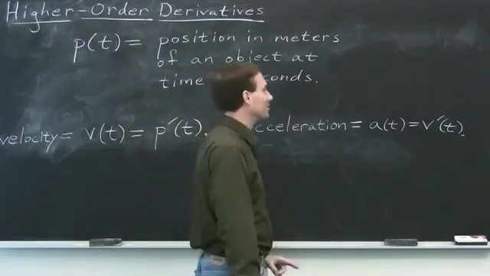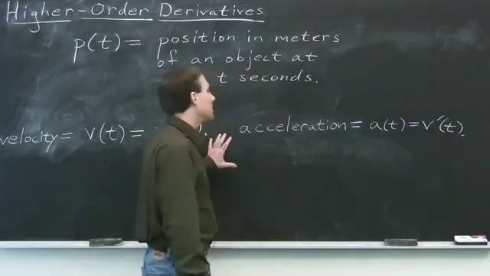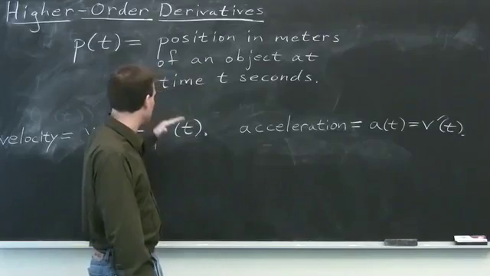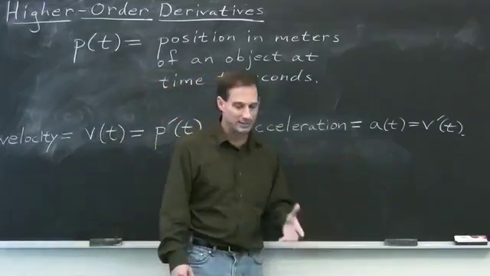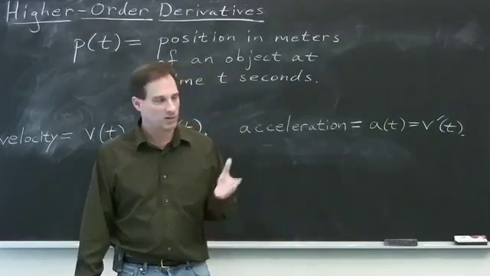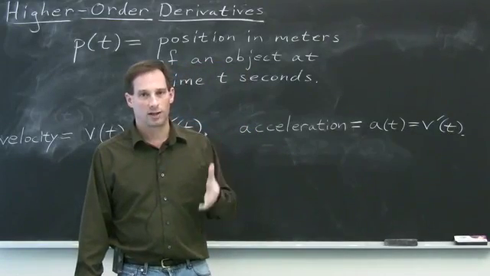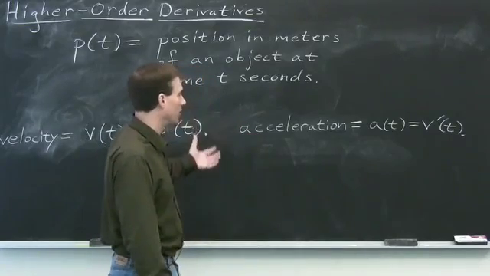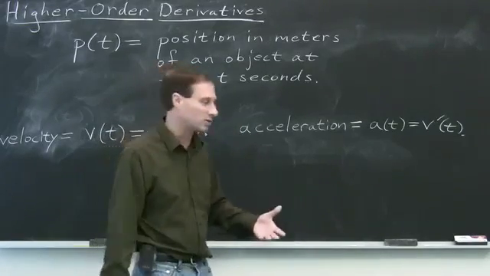Both derivatives that I used in that sentence were with respect to time. This process of iterating derivatives with respect to the same variable, with respect to t and with respect to t, comes up often enough in enough applications that we want to develop terminology and notation for it, even in situations where we don't have names like velocity and acceleration.